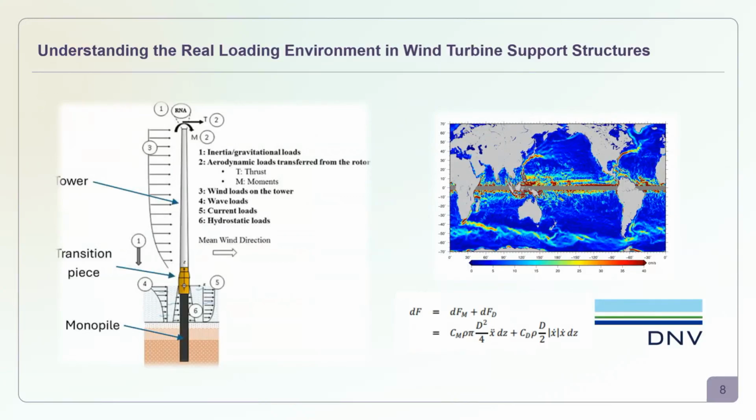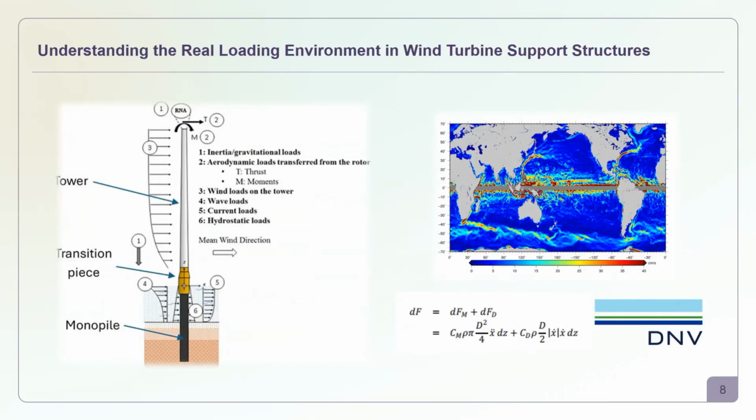So wind is acting on the rotor, which creates some thrust forces and some moments, which are then transferred through this tower to the support structure. And at the same time, the wind is also acting on the support structure itself.